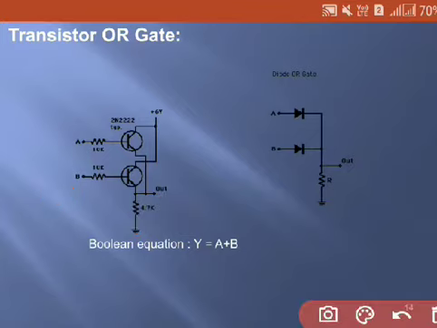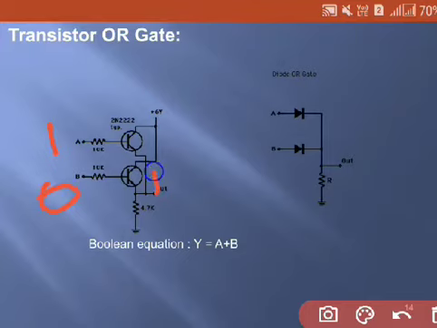Similarly, for 1 0 combination, for A is equal to 1 and B is equal to 0, transistor A will be turned on, closed switch, and transistor B will be turned off, open switch. So for this combination, how is the output connected?